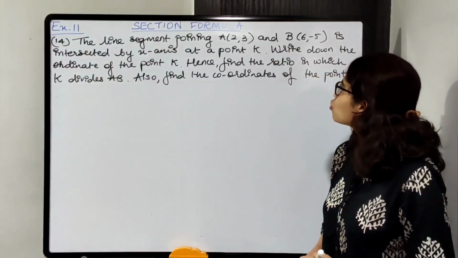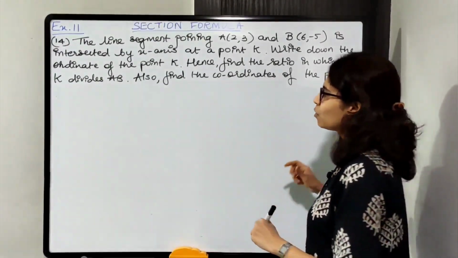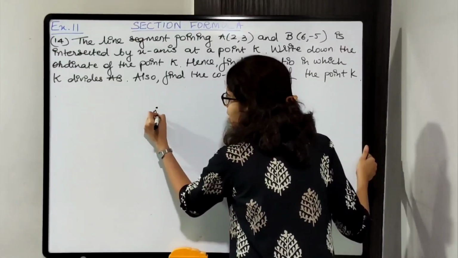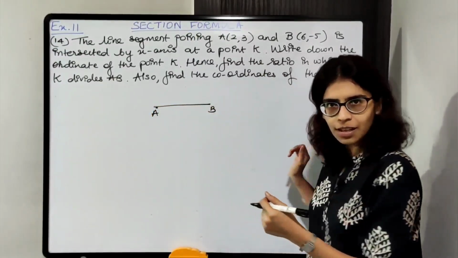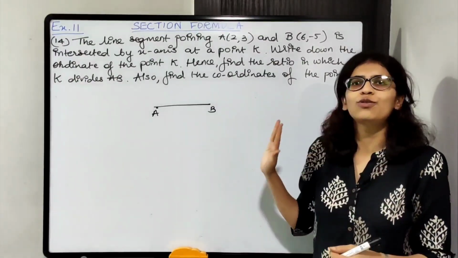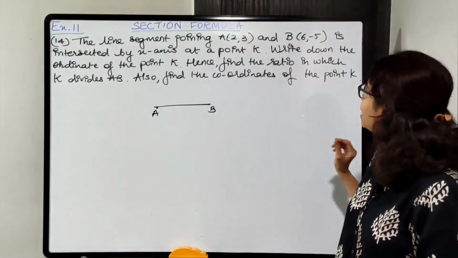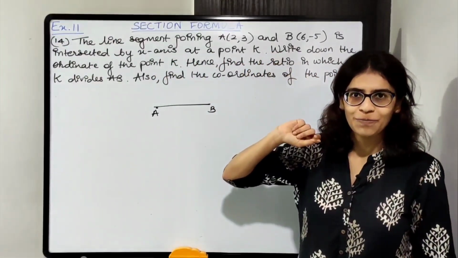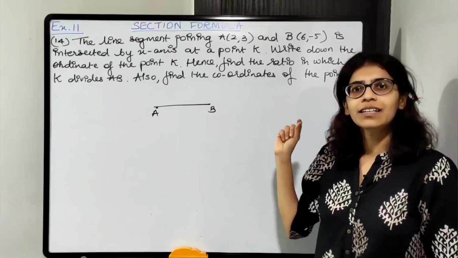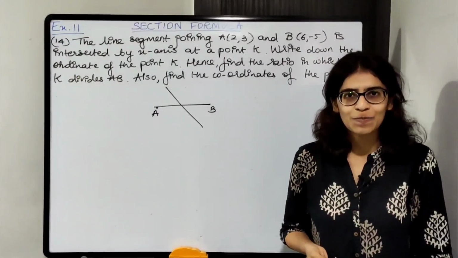There is a line segment joining A and B. Normally, what do we do? Normally we consider A like this and then B and joining the two we draw the segment, right? Here we are not going to do that. I'll tell you why. The line segment joining A and B is intersected by x-axis at point K. It is being intersected, being cut by x-axis.